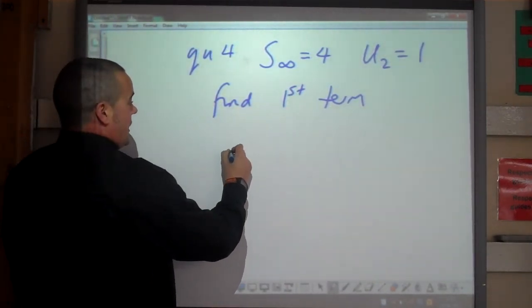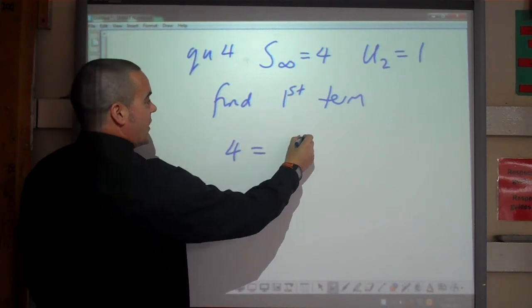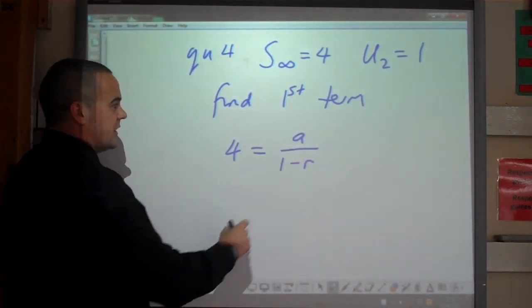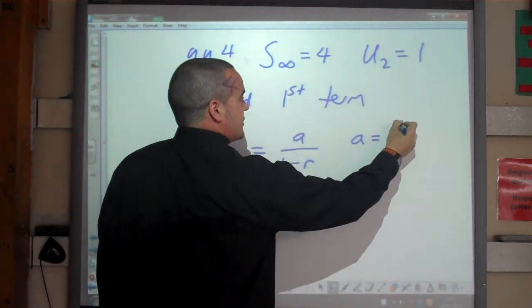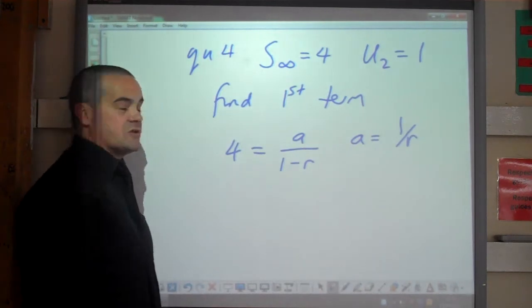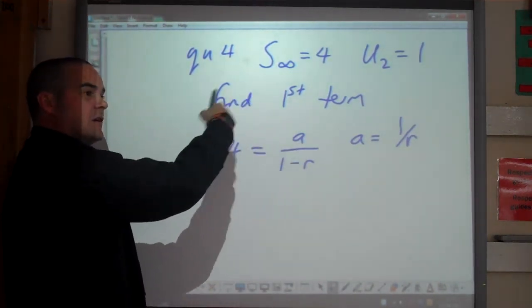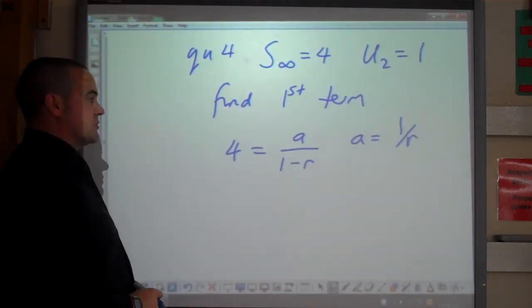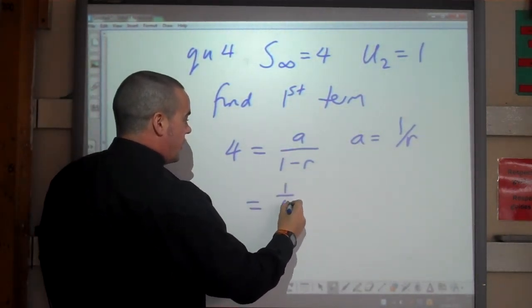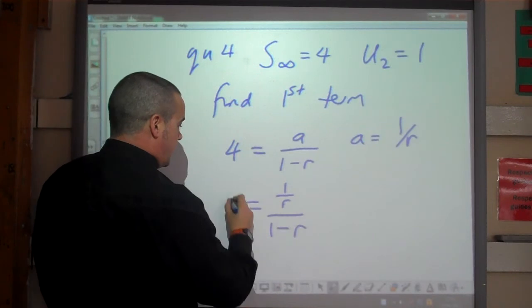So I know that 4 is equal to a over 1 minus r. Now a is the first term, which is going to be 1, because that's the second term, divided by r, which is the common ratio, because to get back to the previous term, we divide instead of multiply. So I can write this as 1 over r, divided by 1 minus r.